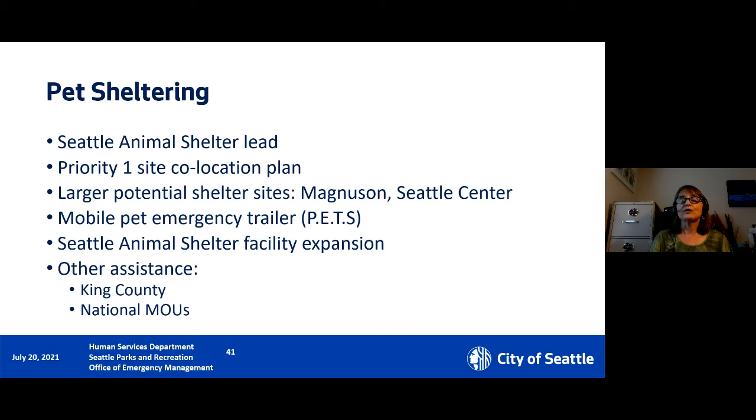Some of the strategies the city has for pet sheltering and support include identifying how Priority 1 community center shelter sites can co-locate pet sheltering, identifying larger potential shelter sites at Magnuson and the Seattle Center, obtaining a grant to purchase a mobile pet emergency trailer, also known as PETS, ability to expand capacity at the Seattle Animal Shelter facility, and we're ready to request other assistance such as from King County or through national memorandums of understanding with other animal organizations.